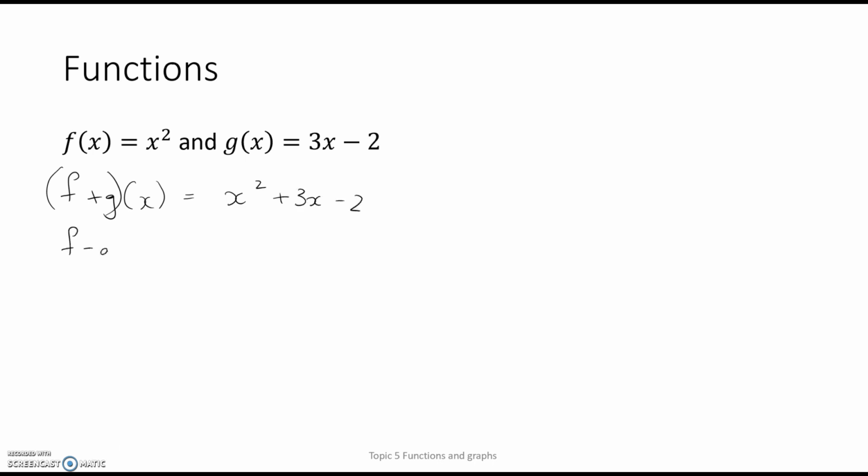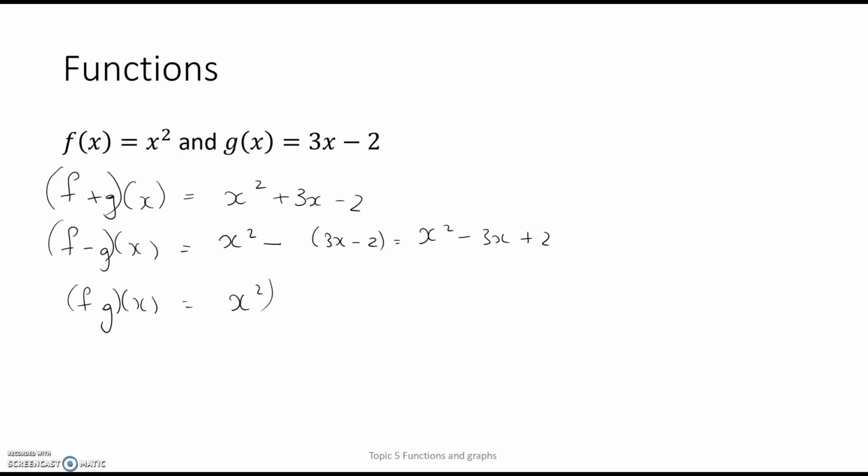If we were going to subtract them, if we were going to find their difference, that would be x squared minus 3x plus 2. We could find their product. Or we could find their quotient. Now with the quotient, we just need to be a little bit careful that the bottom line isn't 0.